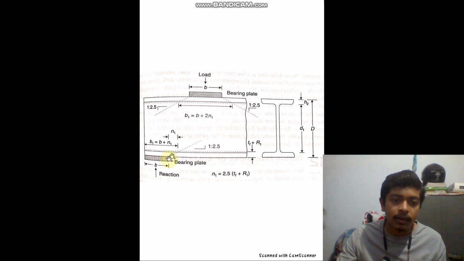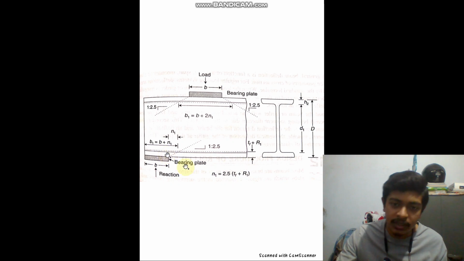So basically, at which height may the web crippling occur? You see this portion is the flange width, and above that there is a dotted line, after some gap. Why is that gap? Because there is a radius from the flange.